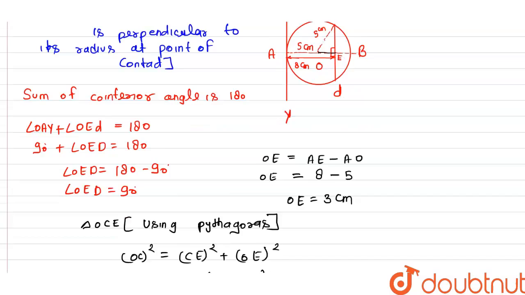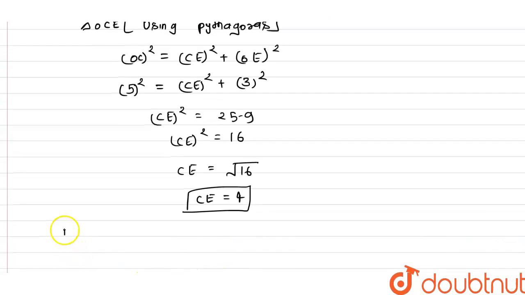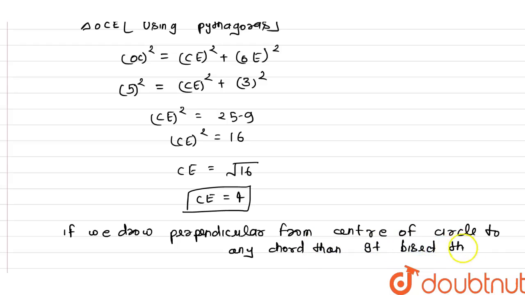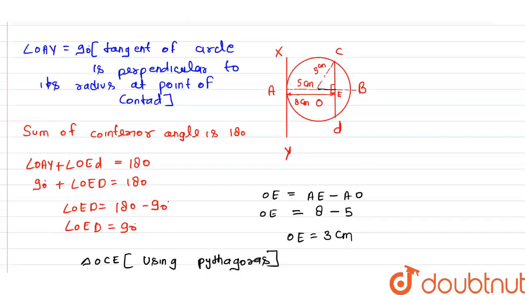So here we know another property of the circle, that if we draw a perpendicular from the center of a circle to any chord, then it bisects the chord. So by using this theorem we can say CE will be equal to ED.